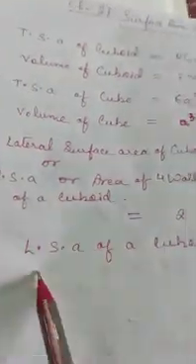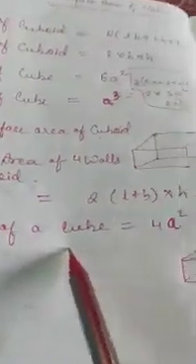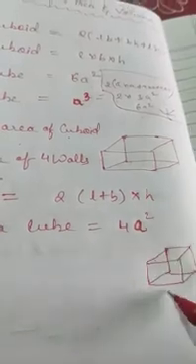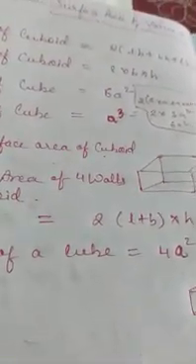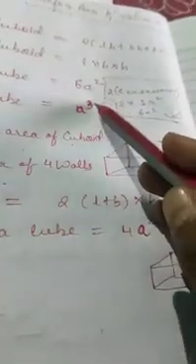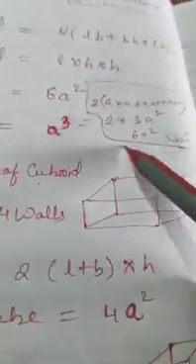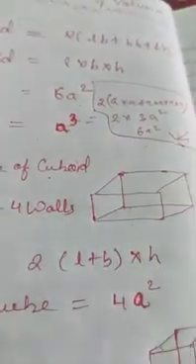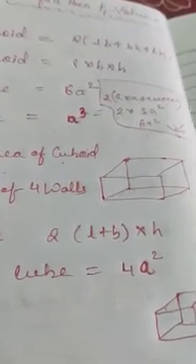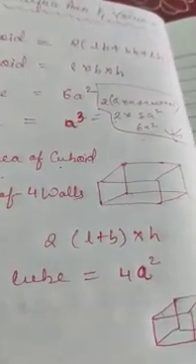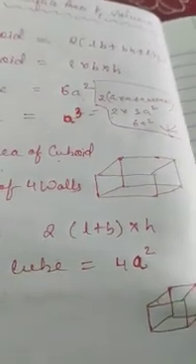Okay, now lateral surface area of cube, same way upper and lower part removed. So here total surface area is 6a square. How it comes, you know, 2 threes are 6, but twice of length and breadth, upper and lower, when you remove, how many parts will be left? 2a into a plus a into a.